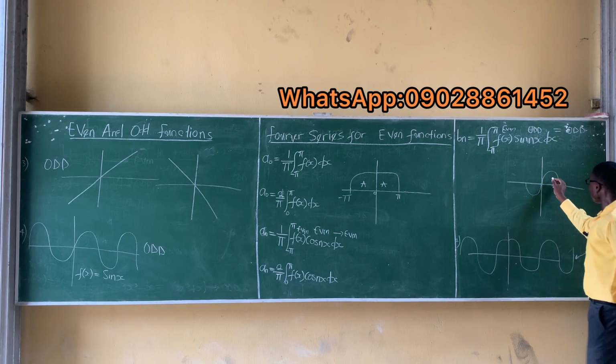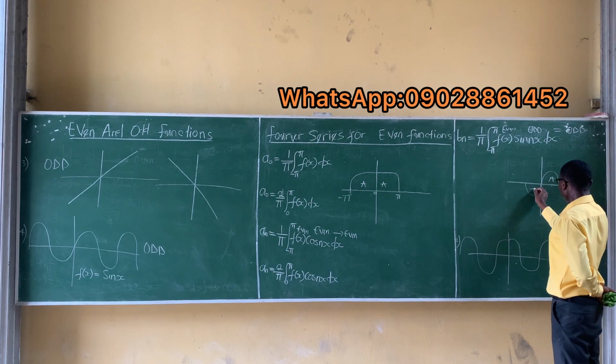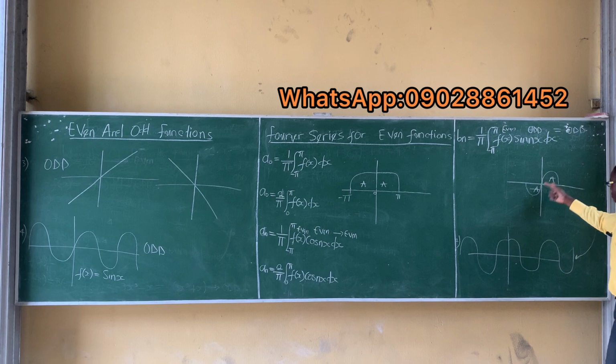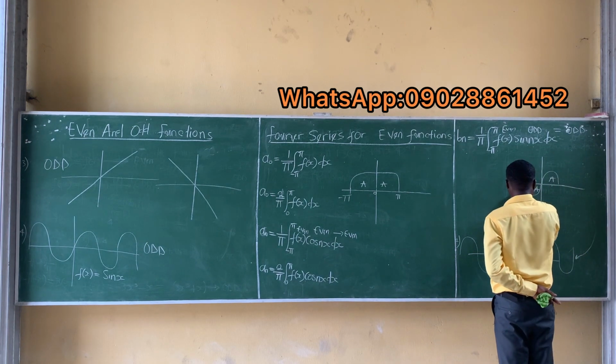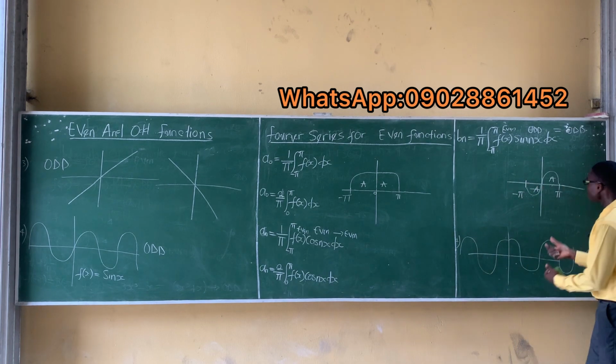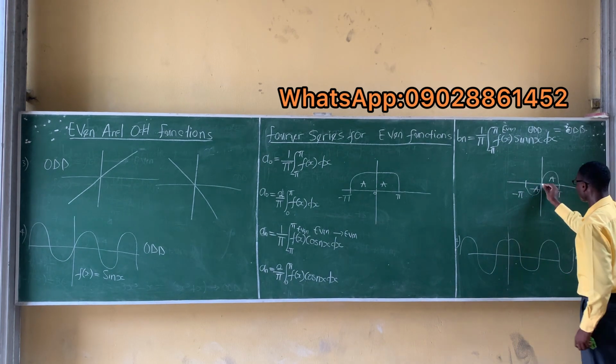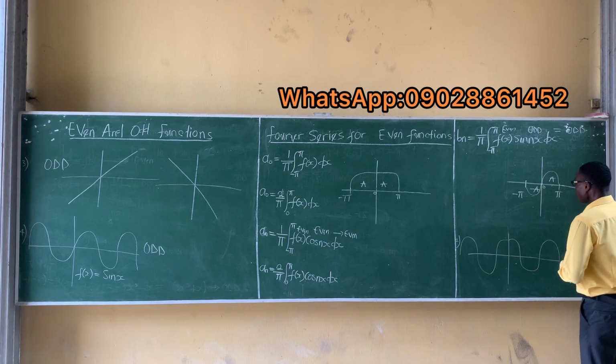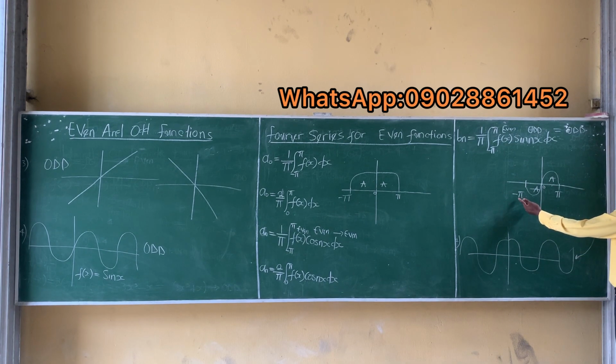If the area is A here, here will be minus A. Here should be minus pi and here is pi, and here is 0, the origin. If I'm to integrate from minus pi to pi, it means that I can integrate from 0 to pi and then double the result.